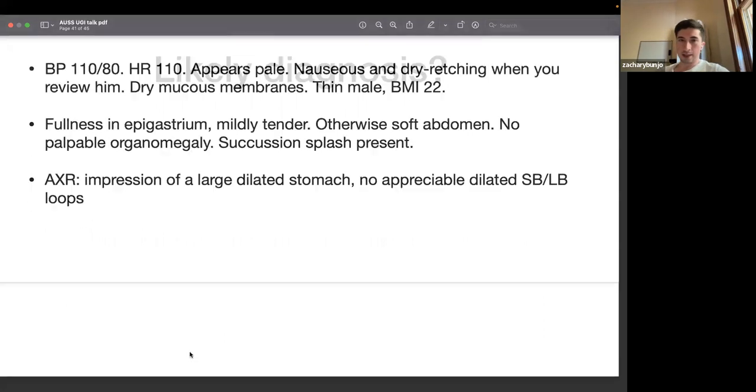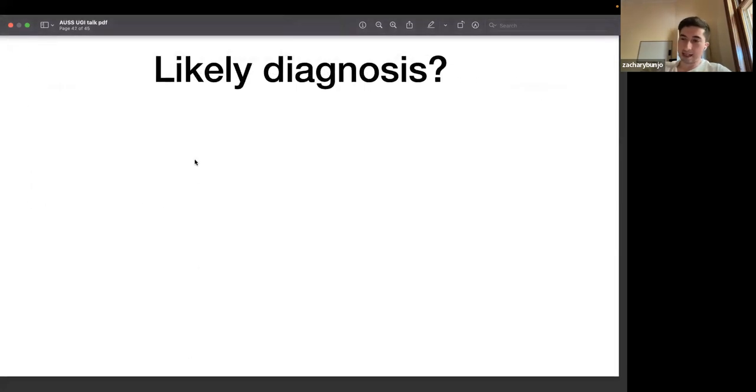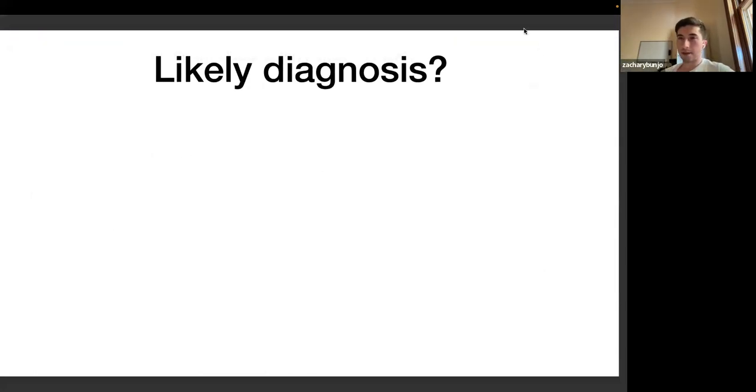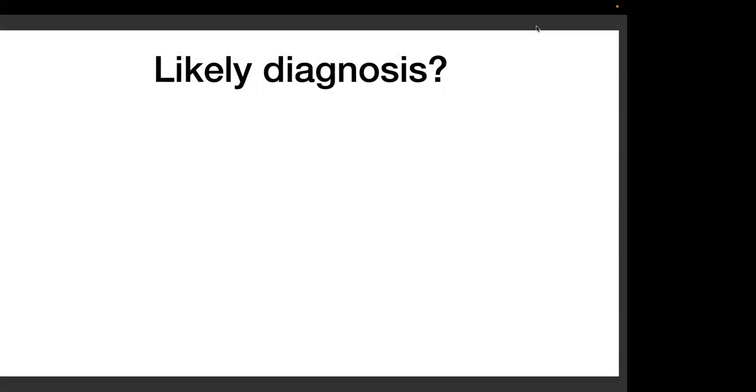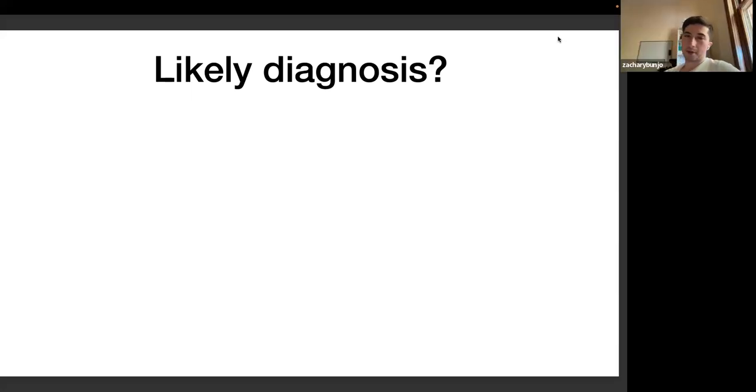So taking into account all the history and examination findings, what's at the top of your list? Gastric outlet obstruction, probably due to a malignancy. Yeah, some kind of malignant process, perfect.